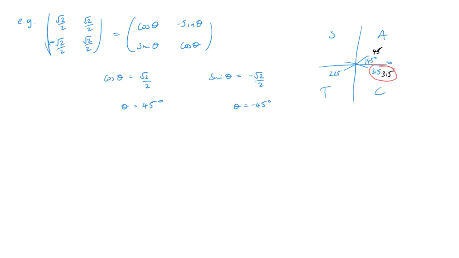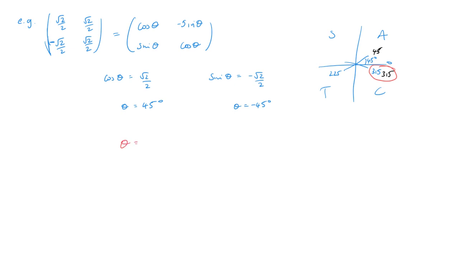Okay, so you've got to compare these with the values and just think of your CAST rule. Cos and sine, look at them. If they're both positive, it's going to be here. In this case, cos positive, sine negative, it's going to be here. They're both negative, it'll be here. Sine is positive, cos is negative, it's going to be here. So you can use that to find out the angle.